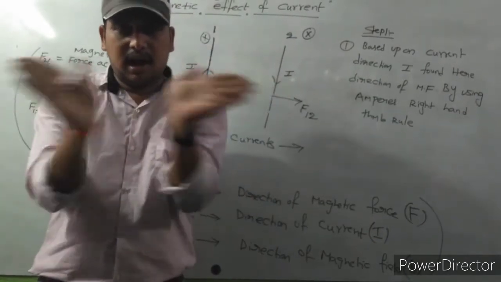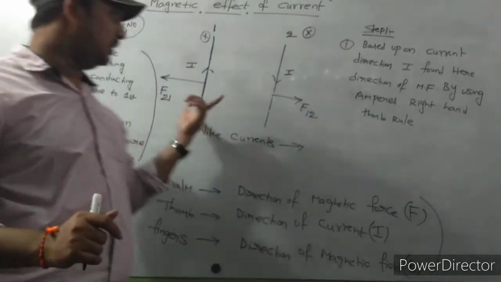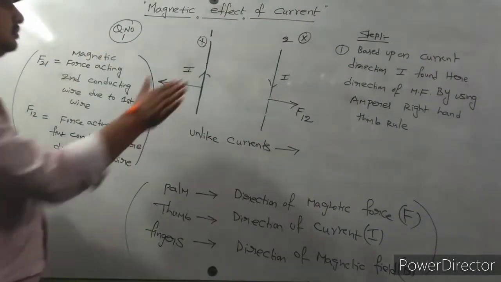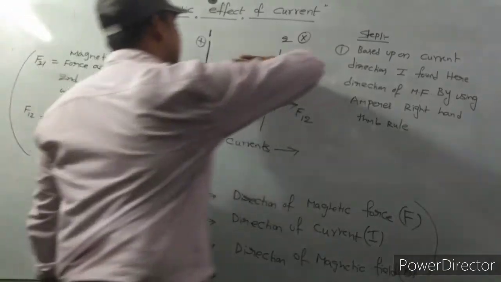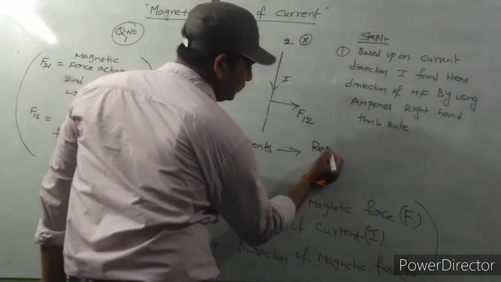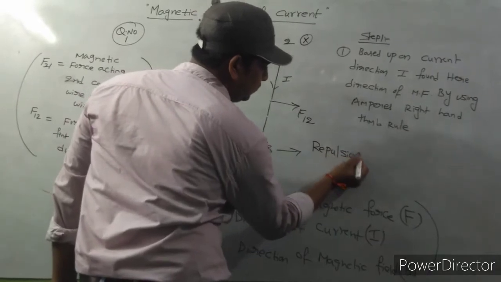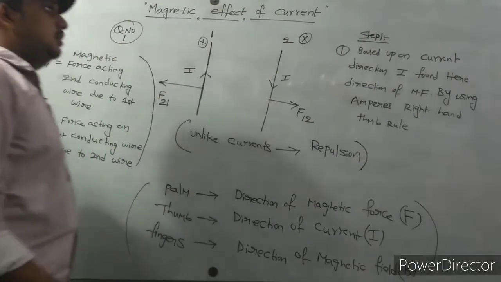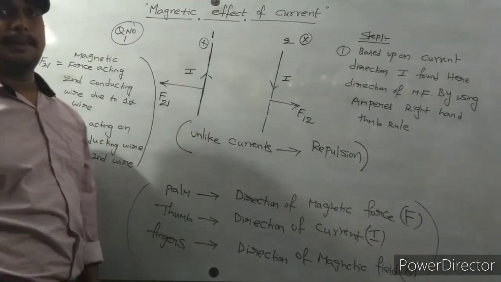If the forces are acting away from each other, that is repulsion. What is this here? Here the force direction is repulsion. Am I right? So the force direction is repulsion here, right? So this is repulsion. Okay, so unlike currents develop repulsion here.